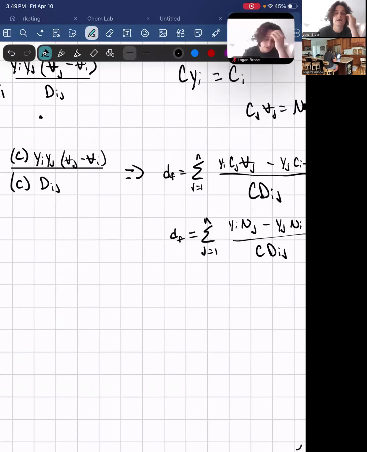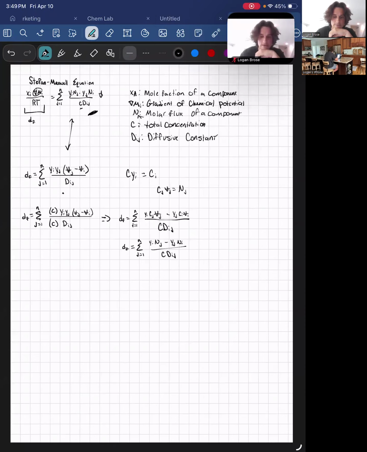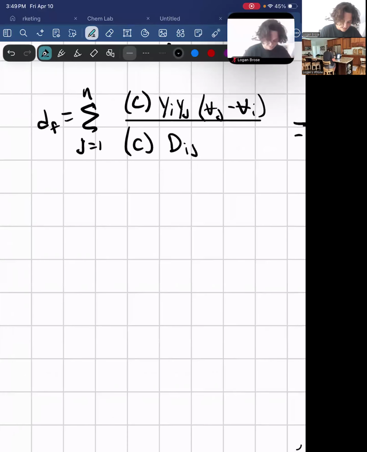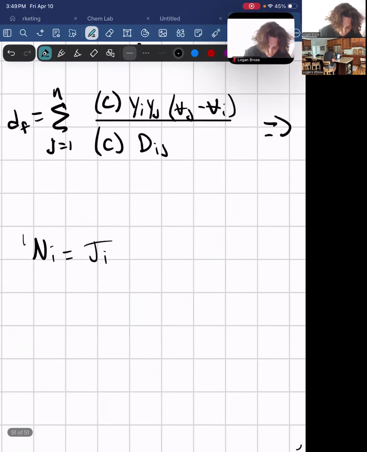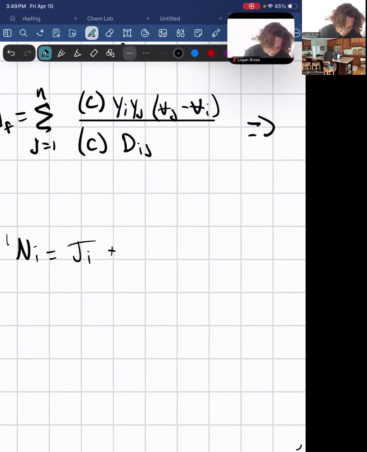If we look at what we were doing a lot in the last video, we used this equation here: our molar flux equals our molar diffusive flux J, plus our y times our overall flux.